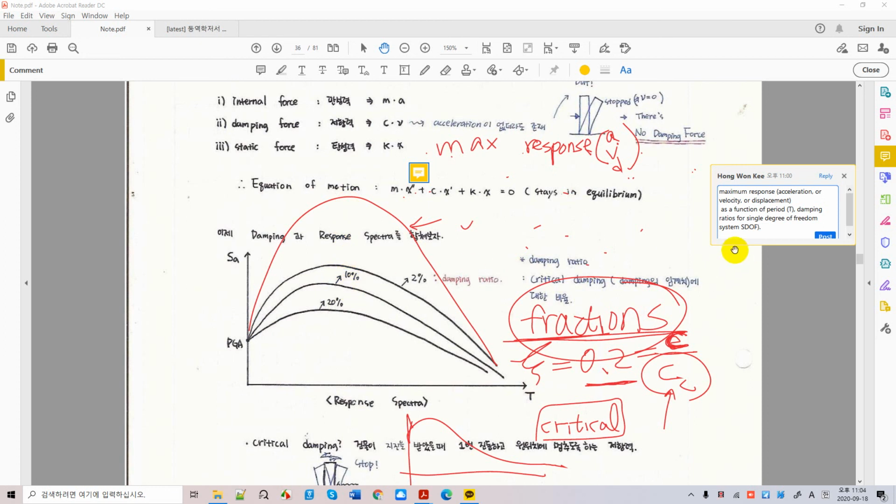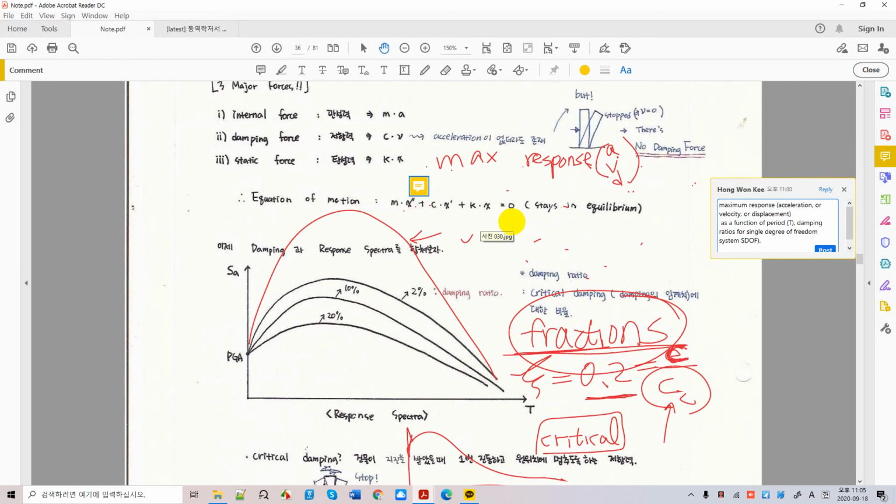So now do you understand? And this is for a single degree of freedom system, all the single degree of freedom systems. So a single degree of freedom system is nothing more than what I plotted a few minutes ago.